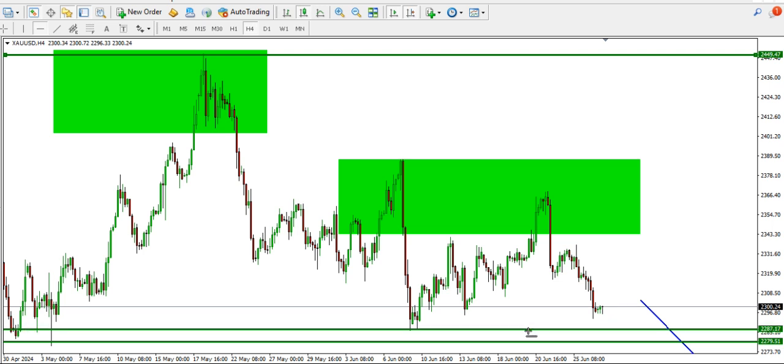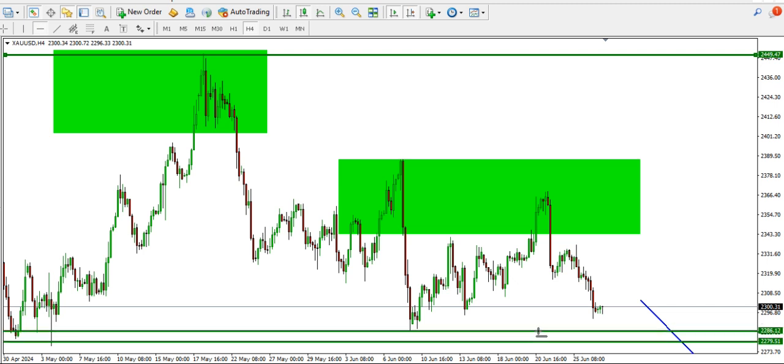Price needs to break the 2286 level for us to have a lower low, because the next leg should be a lower low. We have a high, we have a low, lower high, lower low, lower high, so we expected a lower low.